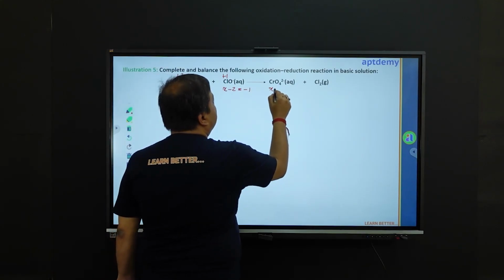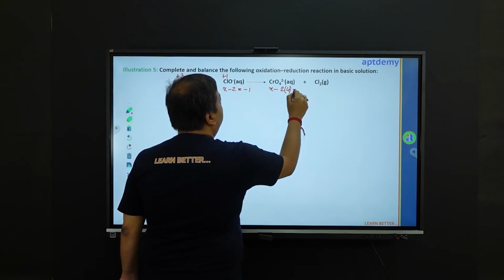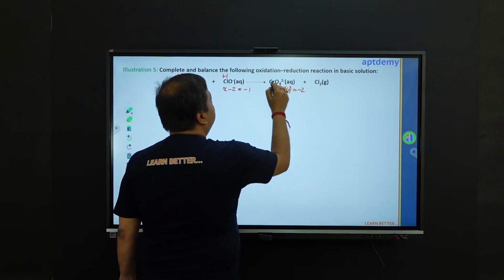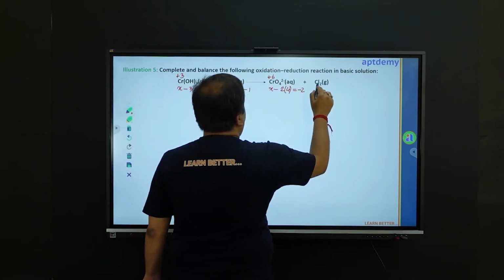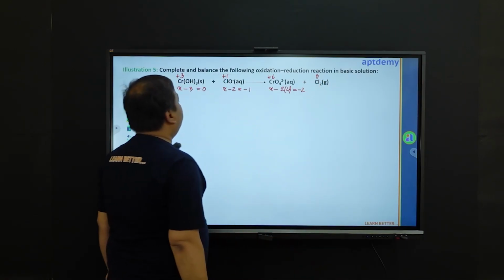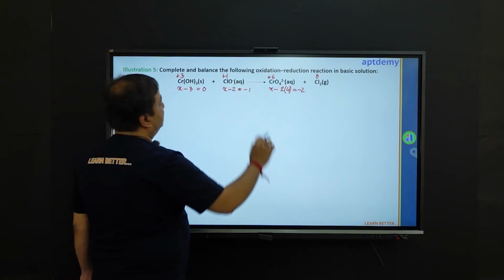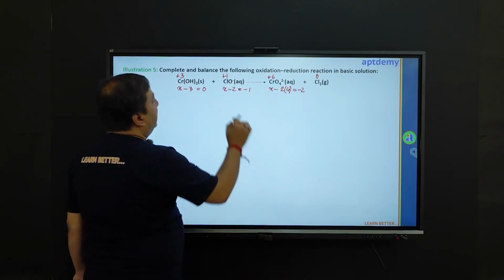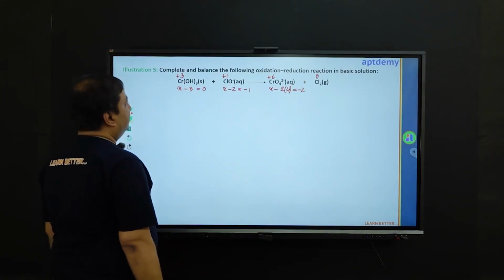This is taken to be X, this is minus 2 times 4 equals minus 2, so this is plus 6. And over here, this is 0 because it is in elemental state. So from here itself, we can say that plus 3 chromium is going to plus 6, so oxidation is taking place. And plus 1 Cl is going to 0, so reduction is taking place over here.